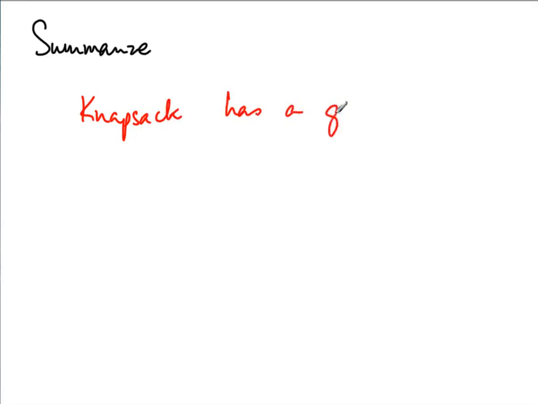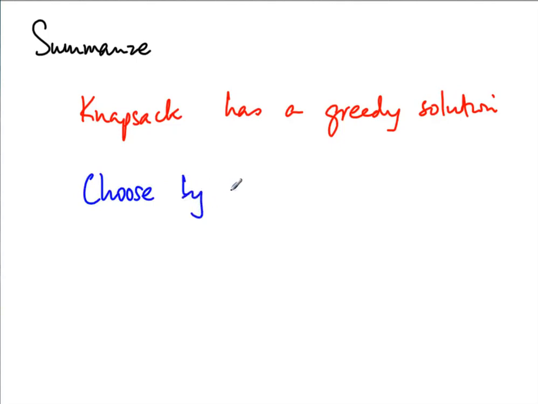Right? So to summarize, we said that knapsack with fractional weights has a greedy solution. Our greedy strategy is to choose by decreasing unit cost.